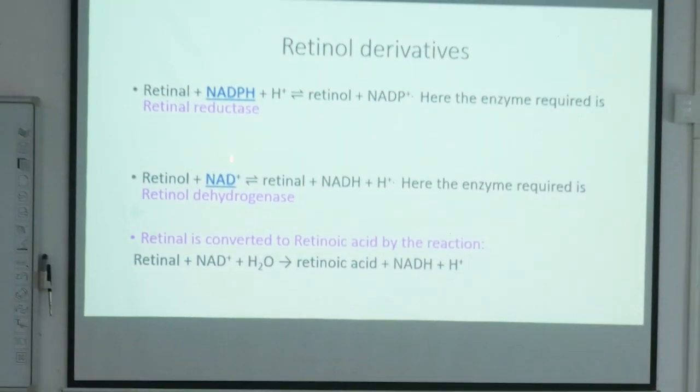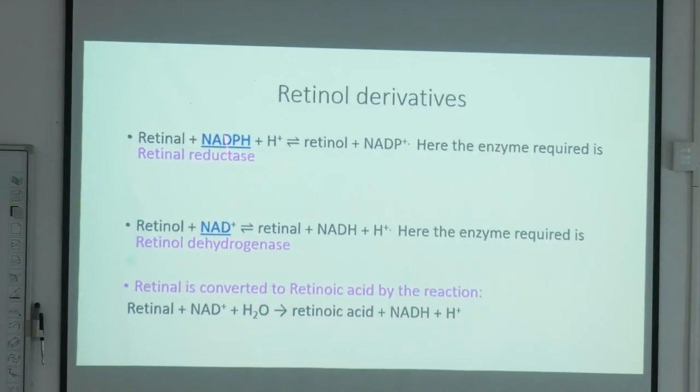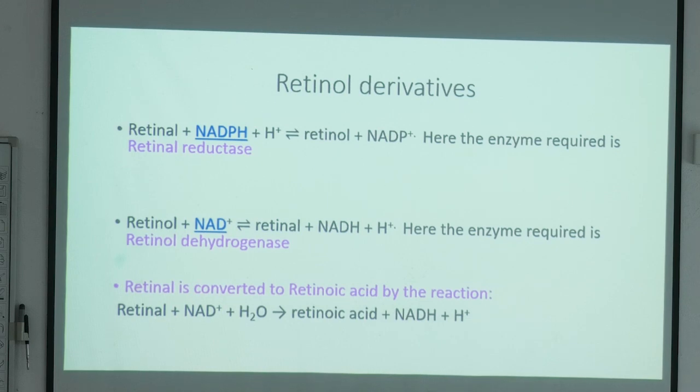And this is another thing, retinal is converted to retinol. So retinal and retinol may be converted to each other with the help of different enzymes. This is important. And retinal, the aldehyde, is converted to retinoic acid, and another enzyme is required.